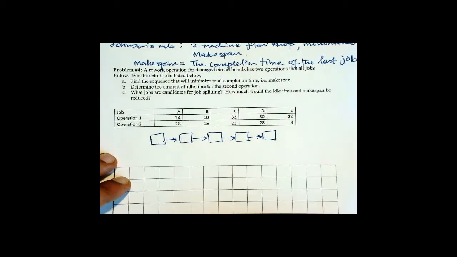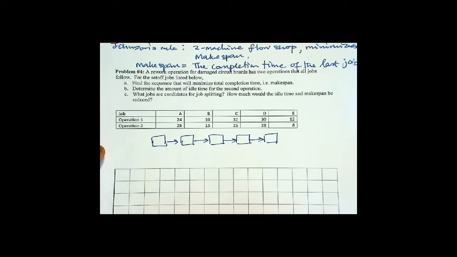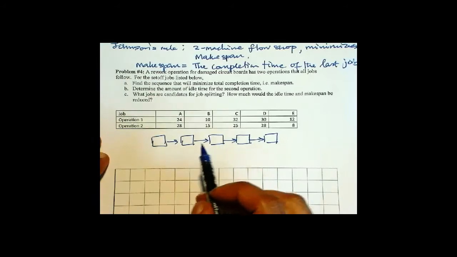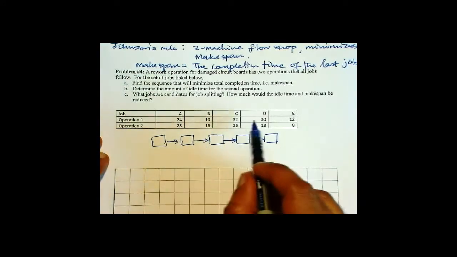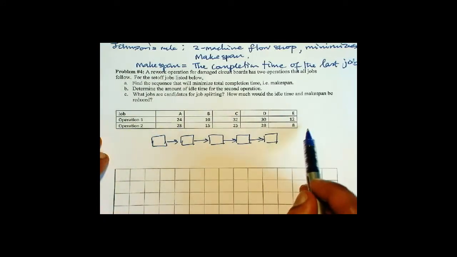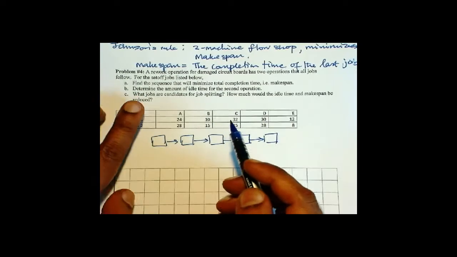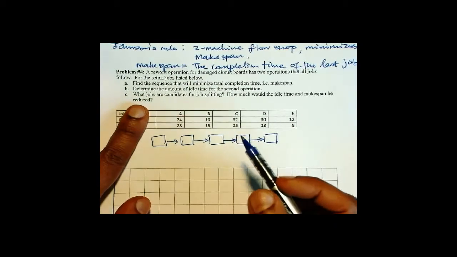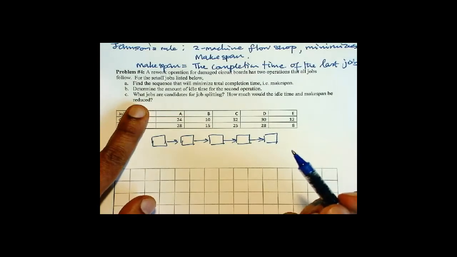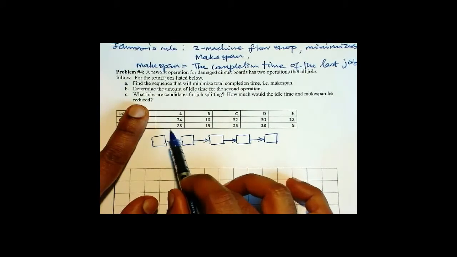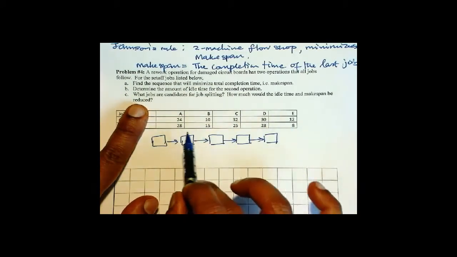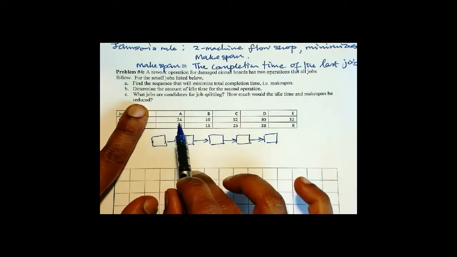Now here is the rule that the PowerPoint slide described, which I did not go over at that time. I'm going to go over it now. The way to sequence the jobs is to look at all the processing times. Forget whether it is for operation 1 or operation 2. Without regard to that, just look at all of the jobs and select the smallest value.